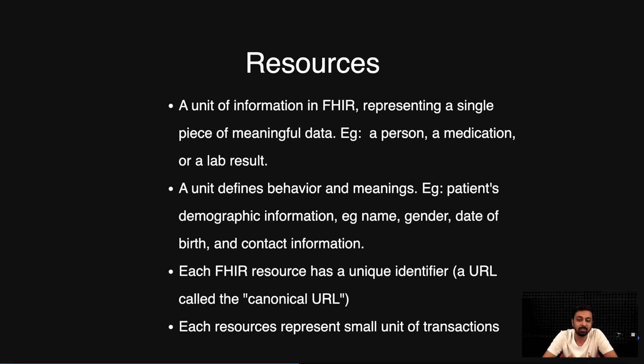For example, a person's data can be a resource, or your X-rays can be another resource of FHIR, or your lab tests can be grouped into clinical documents as a resource. So resources are nothing but the data sets which we are capturing on behalf of the patient, and these resources are categorized in a standard way.